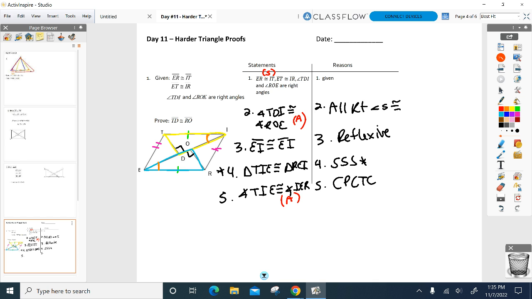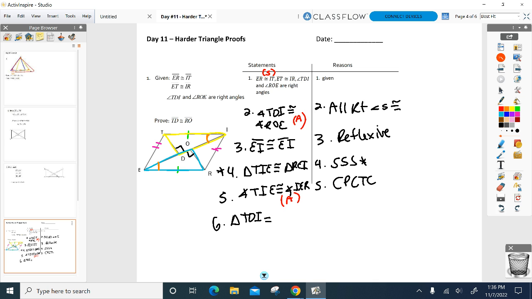So that's what's going to happen today. You're going to get stuck with the third pair, and the third pair is not going to happen until another pair of triangles are congruent. Triangle TDI is congruent to triangle ROE.